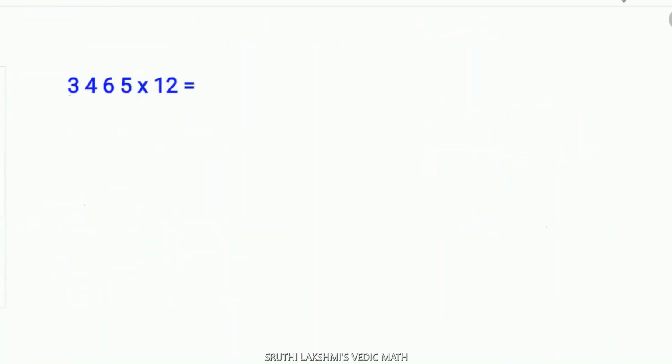Okay, let's try another example. 3465 times 12. Write down the first digit 3 as it is. Next, multiply 3 with 2.